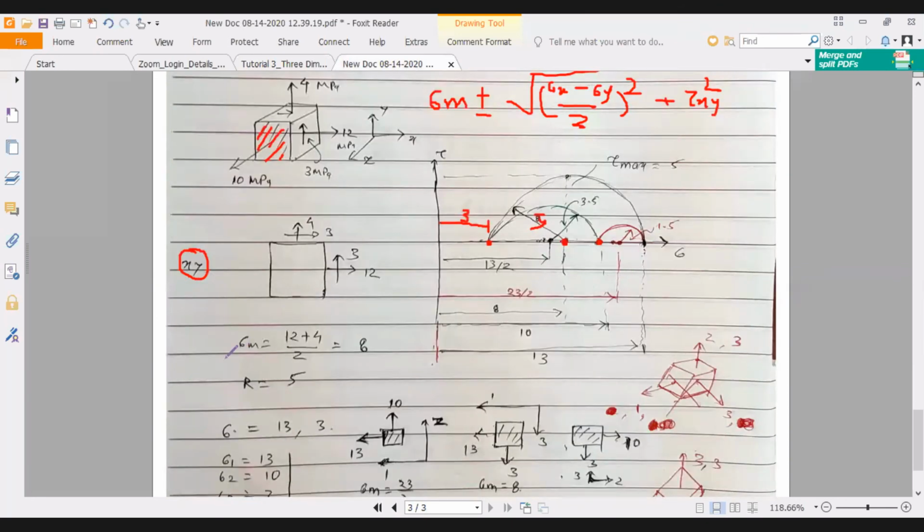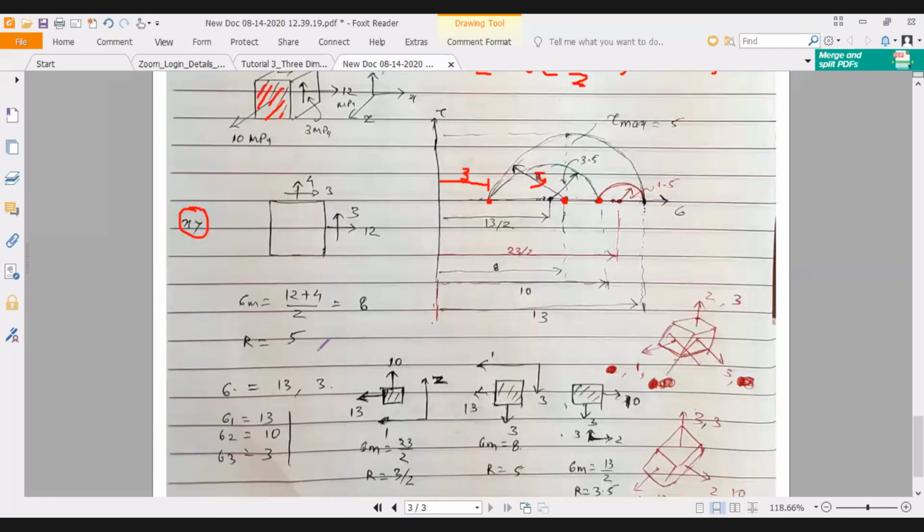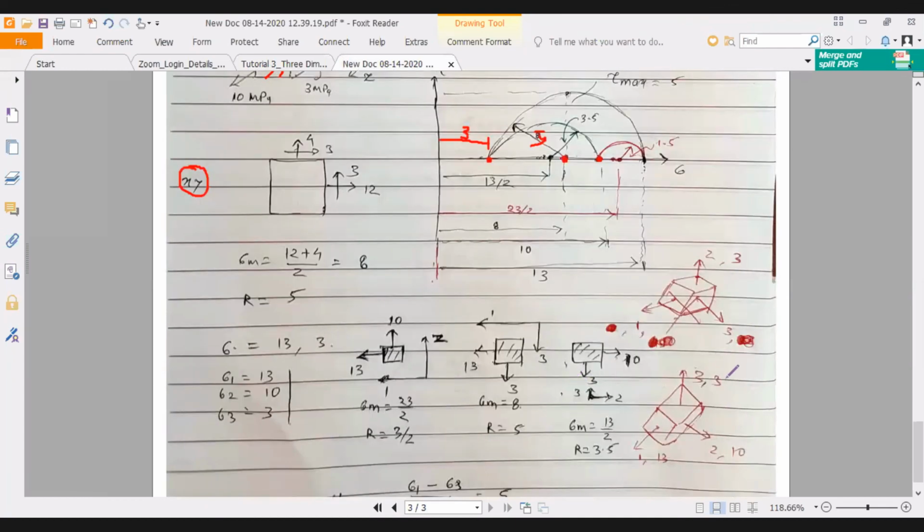Now again we can calculate the orientation of these principal stresses, 13 and 3, and I am denoting them by coordinates 1, 2 and 3.